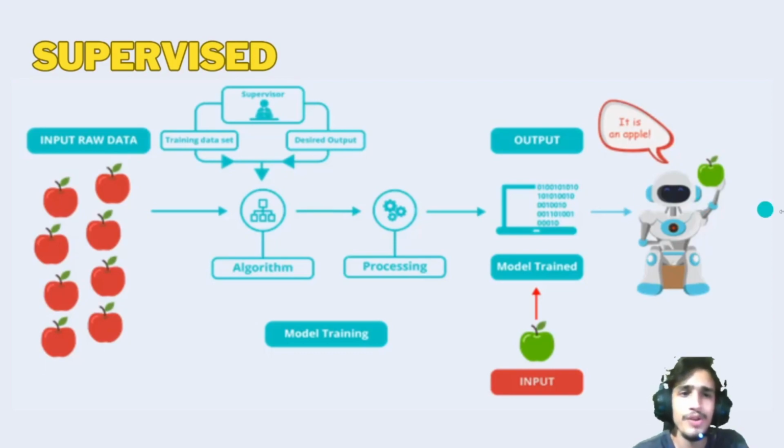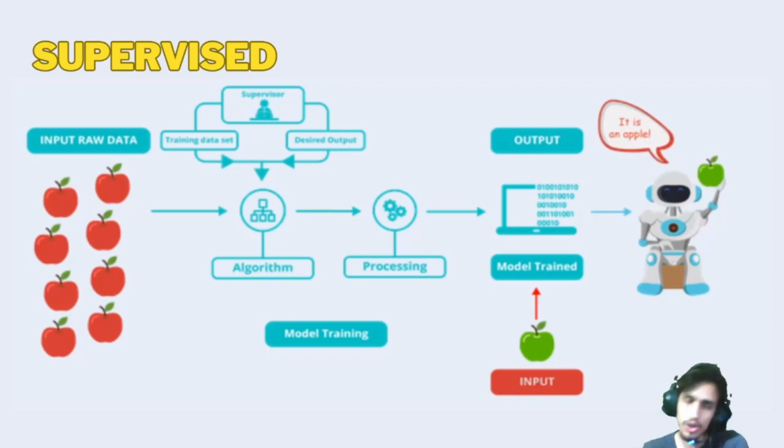In supervised learning, I have given the machine the input. The input is the apple. These are the apples. I have given images of many apples, and with the apples, I have given images of other fruits also. This is the shape and so on. And I have labeled that these are apple, these are banana, these are guava.